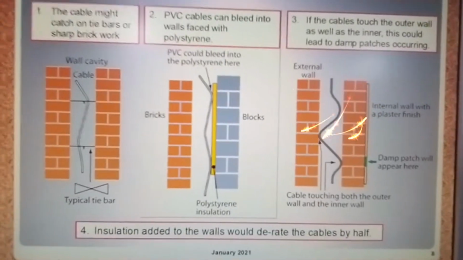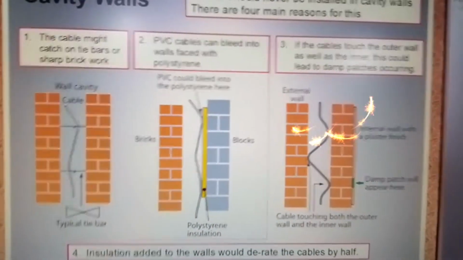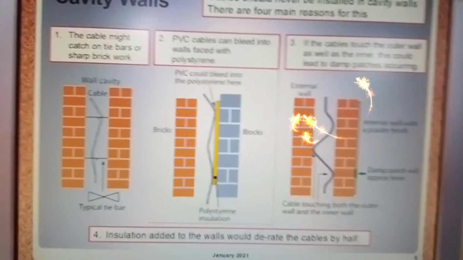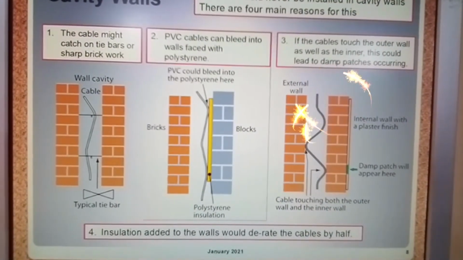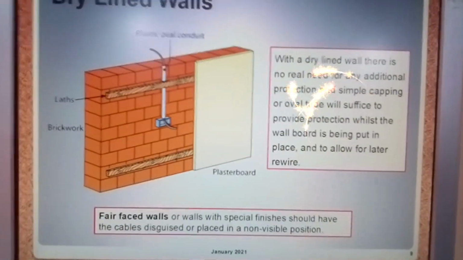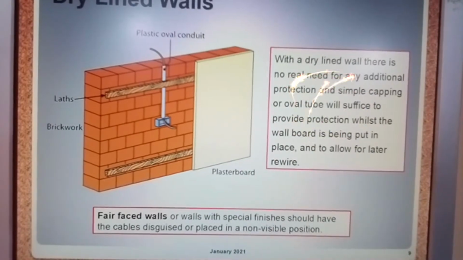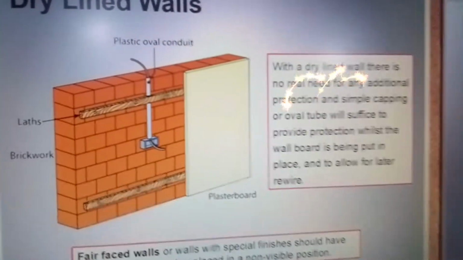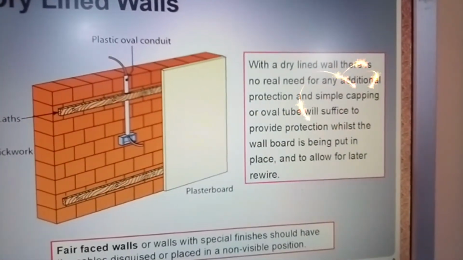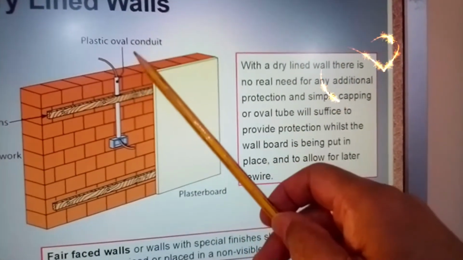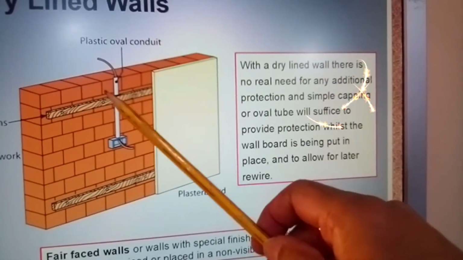Okay, here we are. Okay, the full frame. Okay, thank you. Good. Now, dry line walls. Okay. Now, what this means is that we got plastic oval conduit.